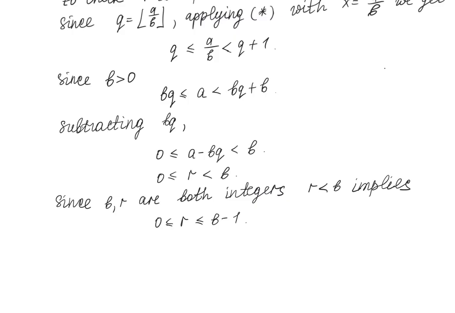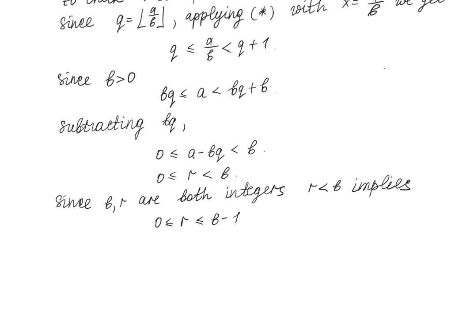It's true, but if I subtract 1 from b, 1 minus 1 would be 0, and 0.5 wouldn't be less than or equal to 0, right? So that's why, b and r being integers, this implies this. Thus, we proved that r is between 0 and b minus 1, and also we proved that there exist q and r such that a equals bq plus r, and r has this condition.